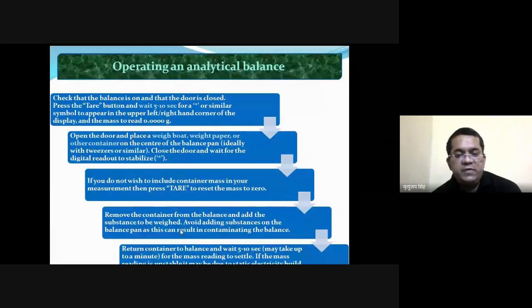Avoid adding substances directly on the balance pan, as this can contaminate the balance. Return the container to the balance and wait 5 to 10 seconds, it may take up to 1 minute for the mass reading to settle. If the mass reading is unstable, it may be due to static electric buildup or other issues.